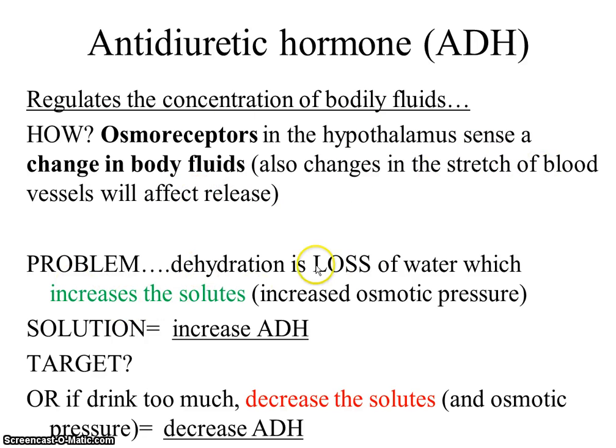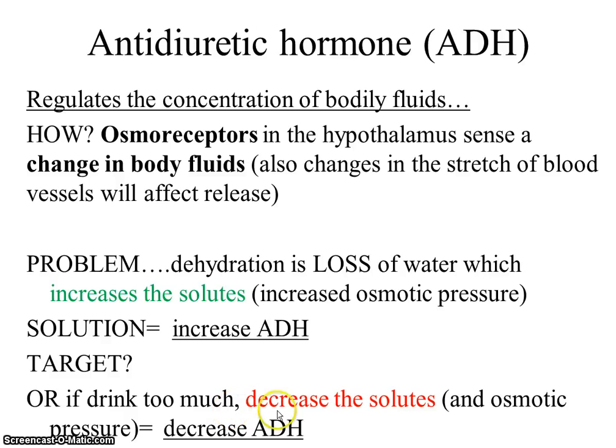And so here we have dehydration, which is a loss of water, which increases the solutes, right? So you're not adding more solutes, but by losing water, the concentration increases. And so we say there's an increased osmotic pressure in the solution, blood in this circumstance. So we're going to increase our ADH, and we're going to target, again, the kidneys, the sweat glands, the circulatory system.